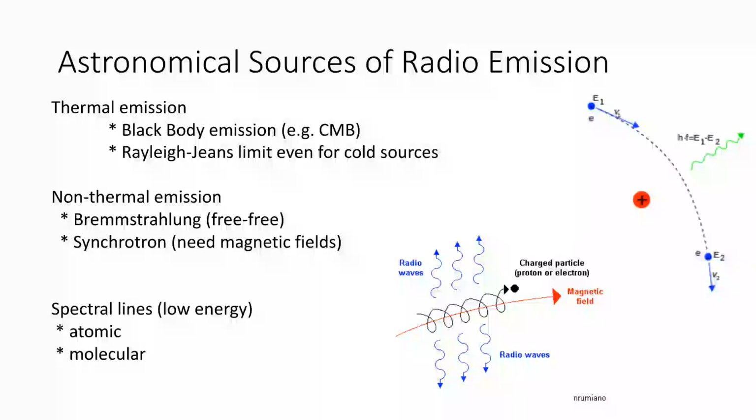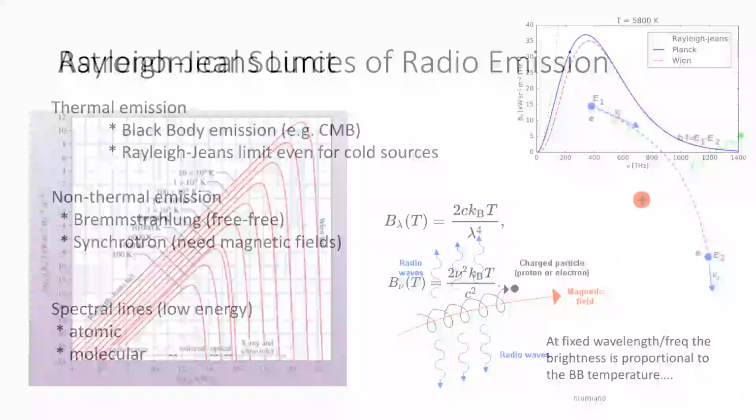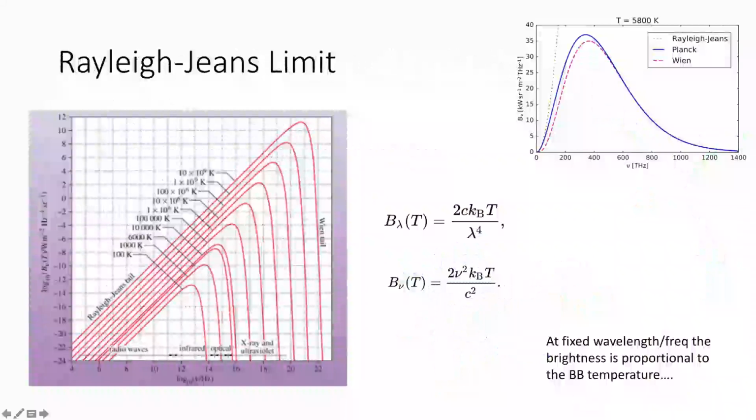Thermal emission will make radio waves, right? This is the classic black body spectrum. That's a very broad spectrum that goes right across the electromagnetic spectrum, and so some of it will be in the radio part of the spectrum. This is your black body spectrum, the classic one.